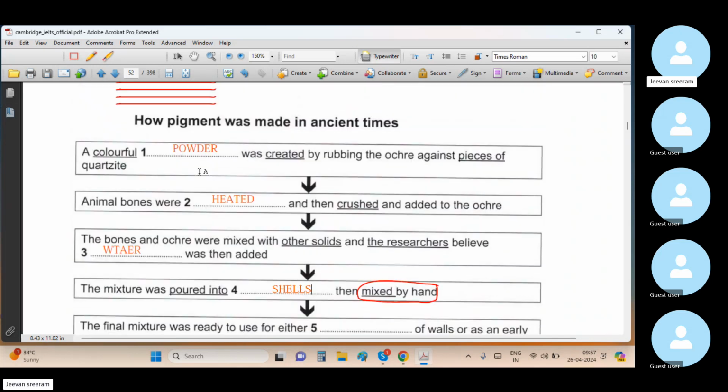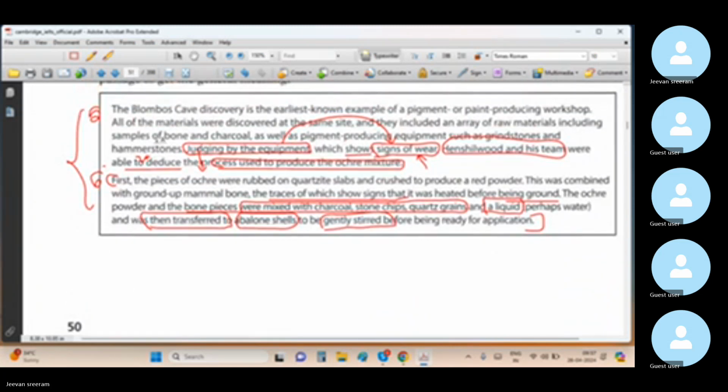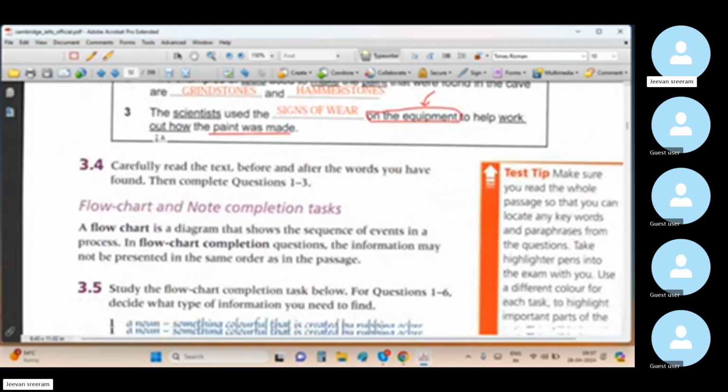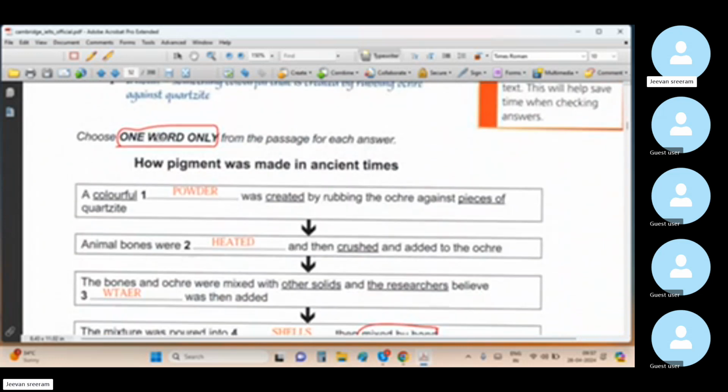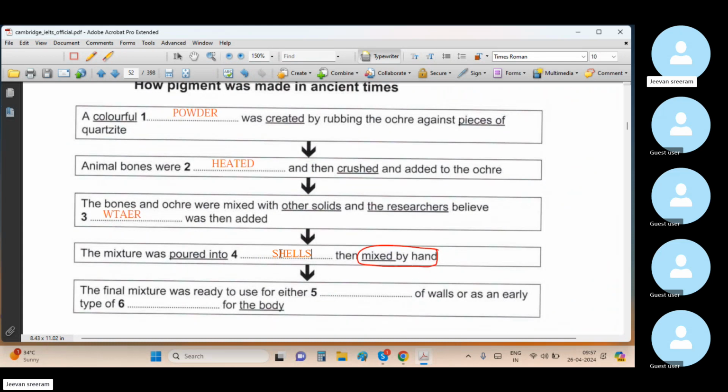Is it shells or shell? What was given in the passage? Shells can be correct. You can even write shell. That could also be correct, because it makes the sentence meaningful. So that's cool.